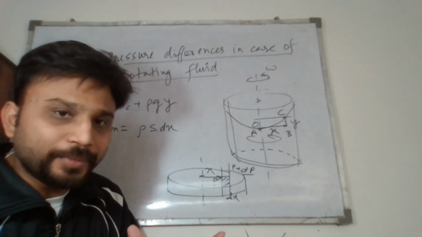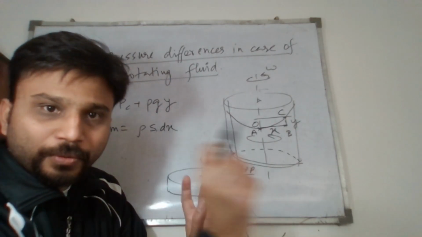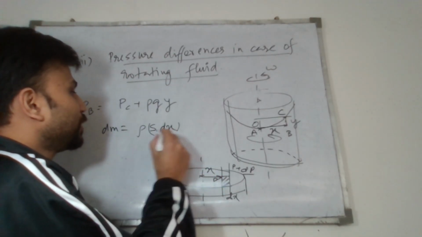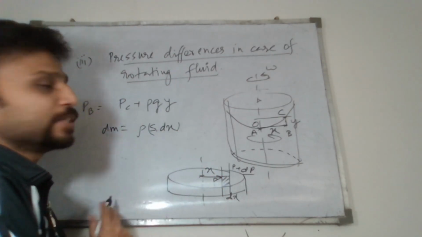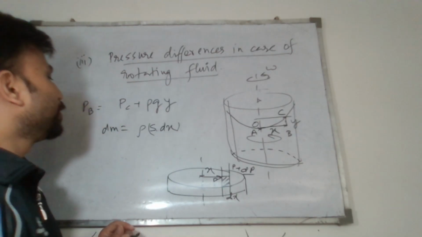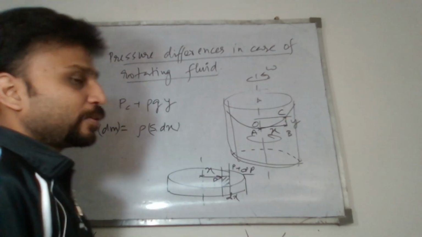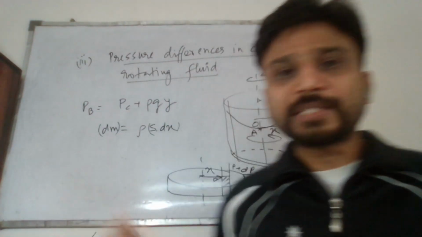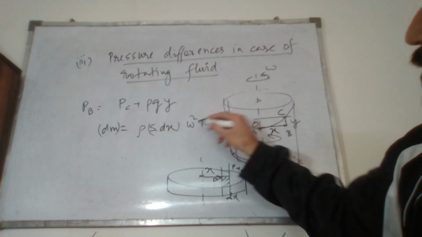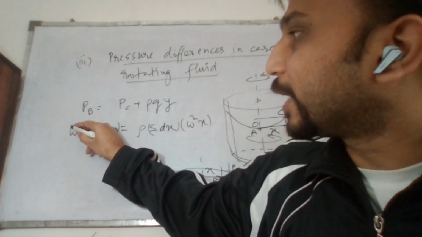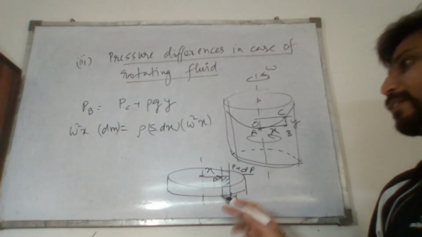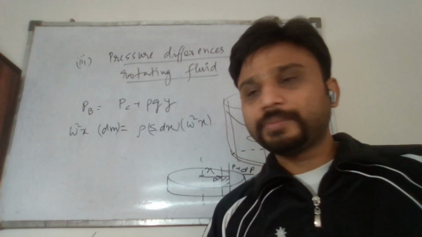Volume into density gives us mass. So this is the mass of the element which we are considering. We will be providing centripetal force to this mass. So we'll say omega square x. This is the centripetal force required on this particle to keep it in circular motion.